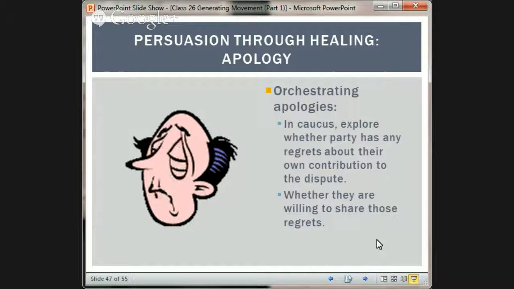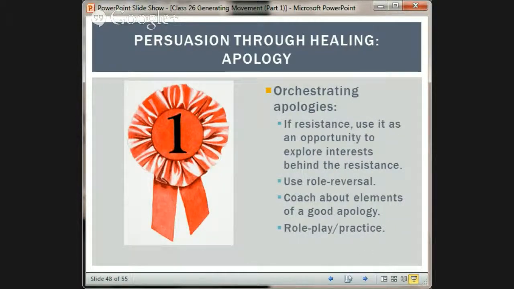So how do you orchestrate apologies? Well, you do it in caucus to explore whether a party has regrets about their own contribution to the dispute and whether they are willing to share those regrets. And if there's resistance, you can use it as an opportunity to explore interests behind the resistance. So you're going to engage in more why questions.